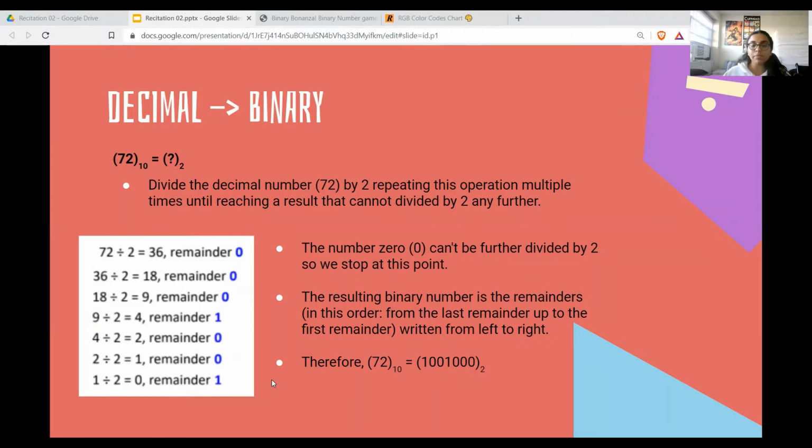The resulting binary number is the remainders, read from the bottom to the top and written from left to right. So the decimal number 72 will be written as 1001000 in the binary format. Always remember, you read from bottom to top, but you write it from left to right. This is how decimal to binary is converted.